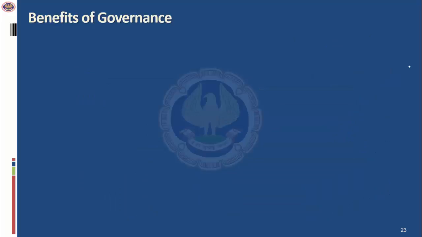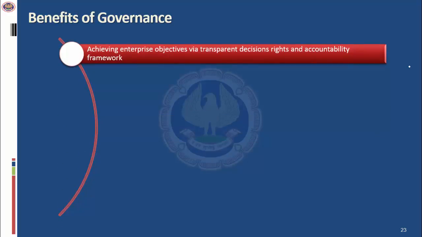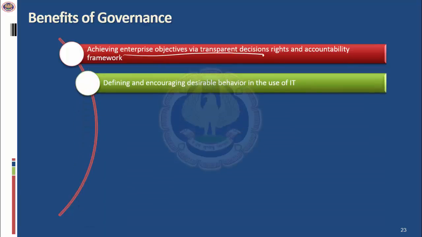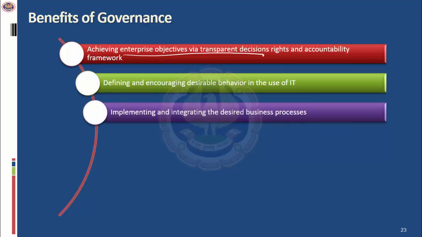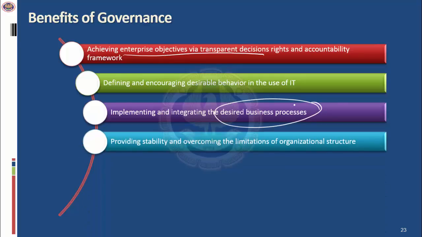Now let's look at what are the benefits of governance. Achieving enterprise objectives, because you're able to ensure transparency, decision rights, and accountability framework. You're also able to define and encourage desired behavior in the use of IT. You're able to ensure that desired business processes are implemented and integrated, because you look at it from a holistic perspective.